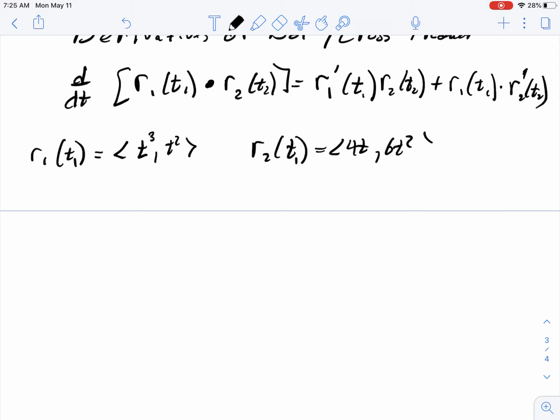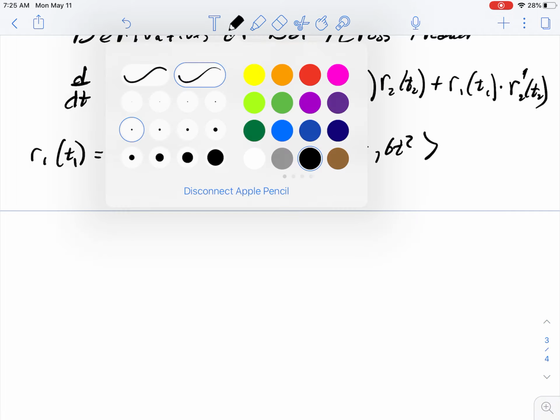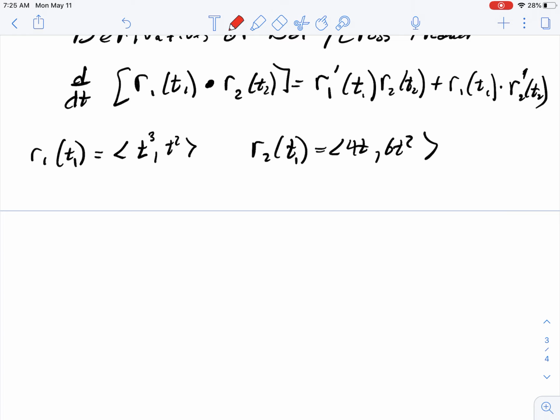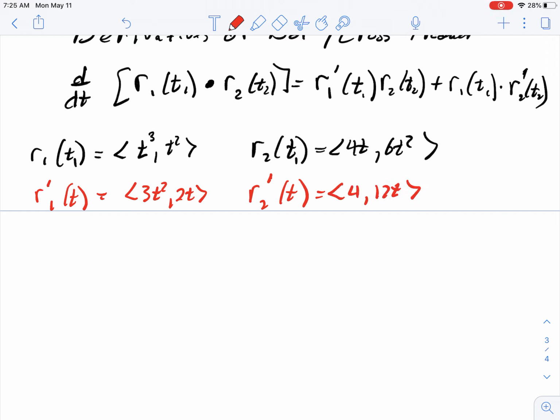I'm going to keep it simple and use the same time for right now. So derivatives: r1 prime would be 3, 2t, and r2 prime of t would be 4, 12t.